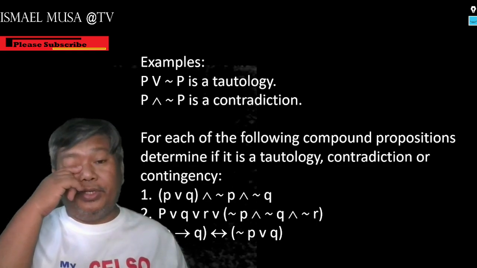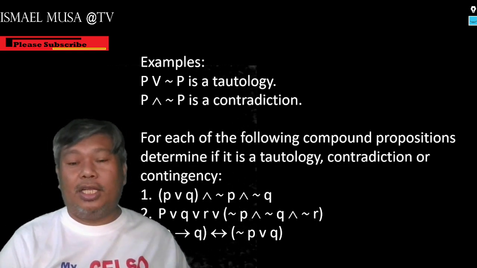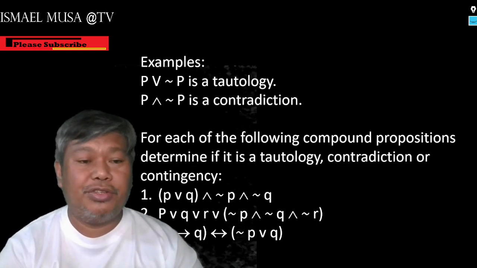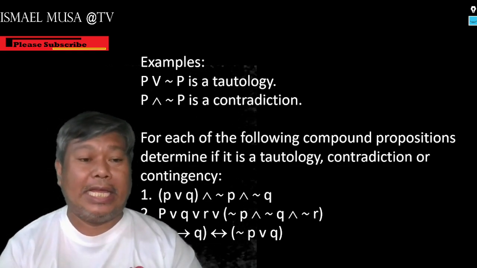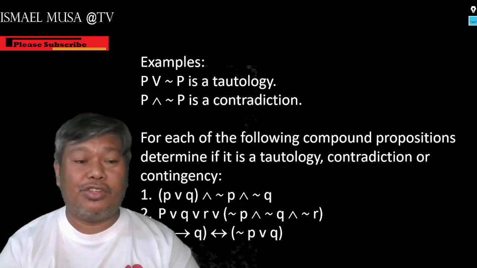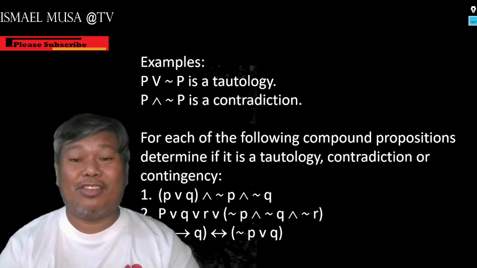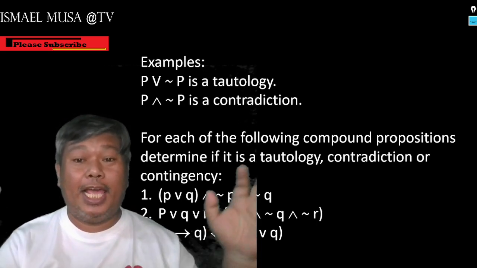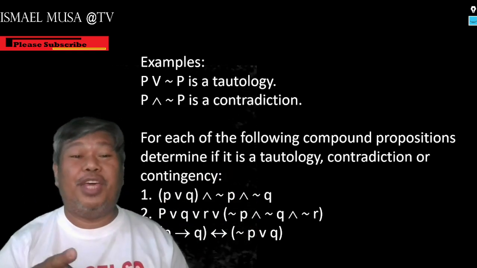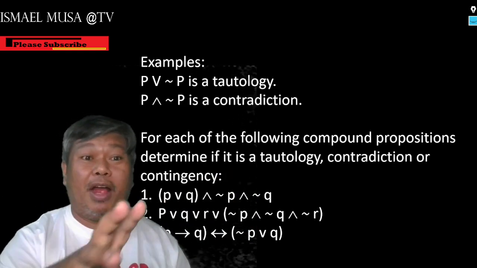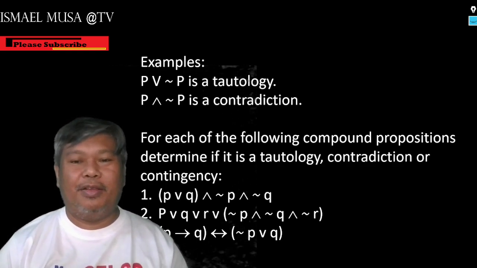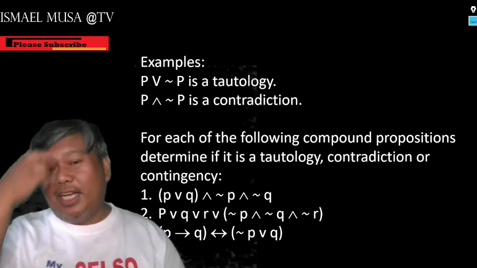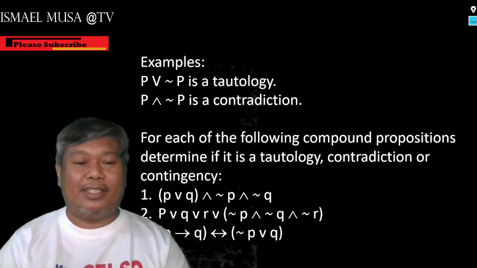After I show you the truth table, I want you also to determine for each of the following compound propositions if it is a tautology, contradiction, or contingency. Therefore, you have to open your GCR. That will be part of your activity. But before you go further, let's continue with our lesson.